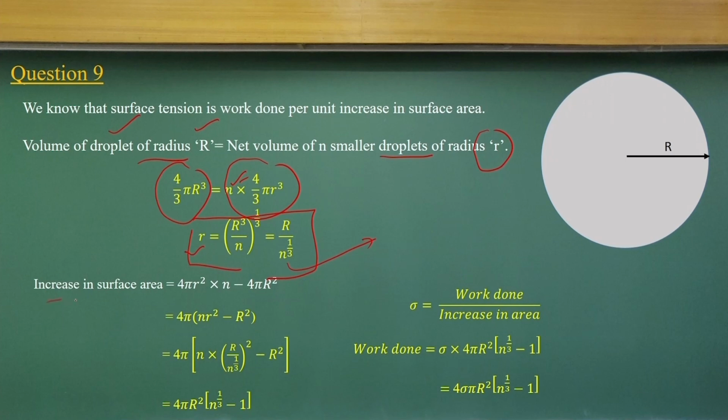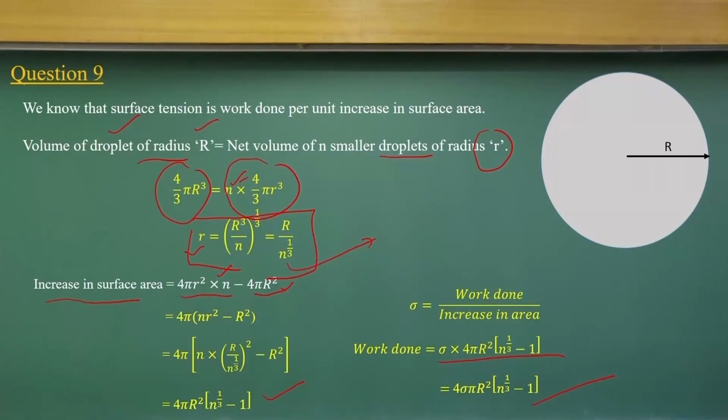Now, we want to find the increase in the surface area. We know for each spherical ball the surface area is 4 pi r squared. So, the smaller balls will have this much surface area, and the bigger volume has its own. There is an increase in the surface area, which we will compute. The increase in the surface area multiplied by the surface tension gives the work done.